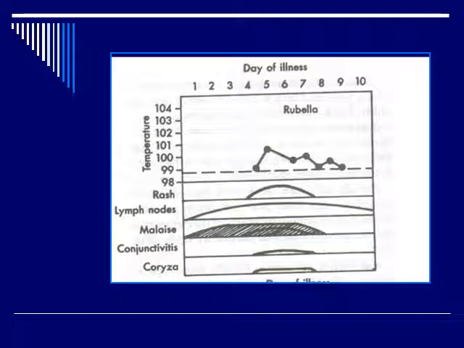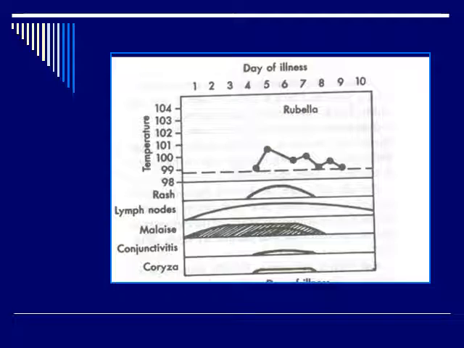This figure shows the clinical manifestation of German measles. As shown in the temperature chart, there is a mild rise of temperature, and the rash appears with the elevation of temperature and remains for 3 days and fades without any sequelae.